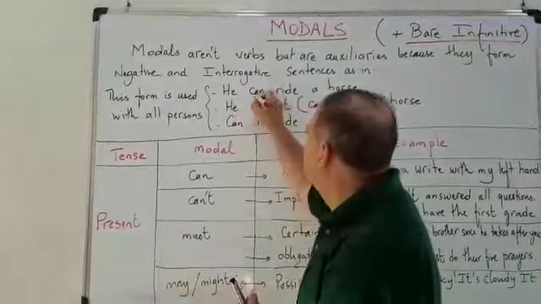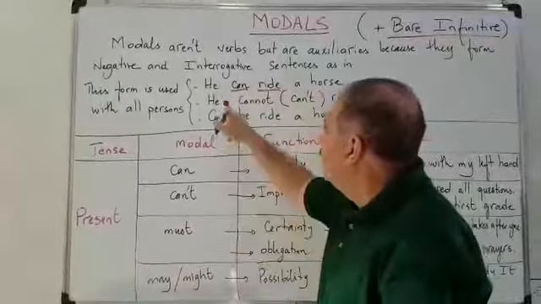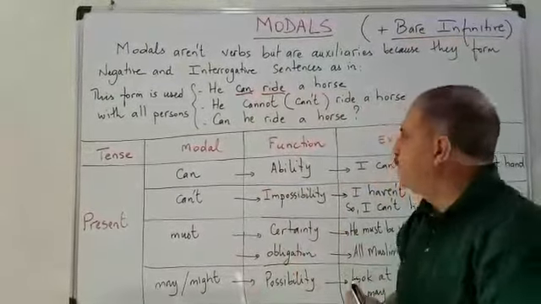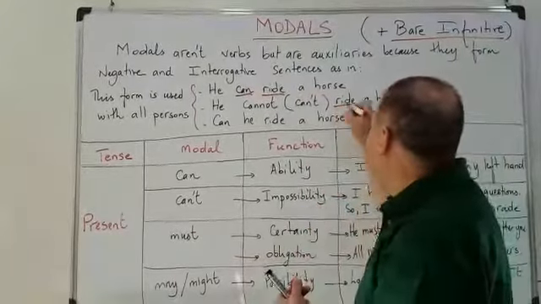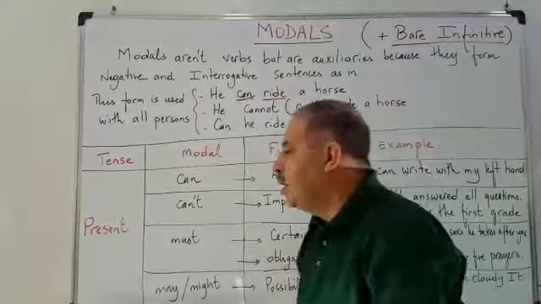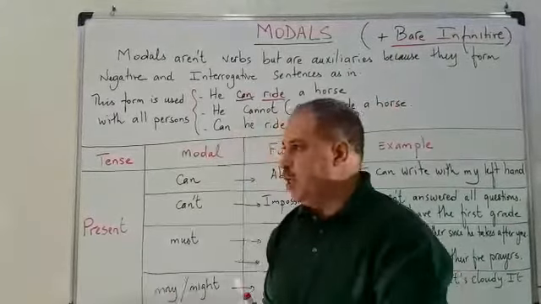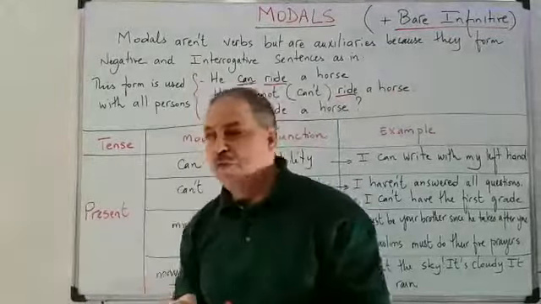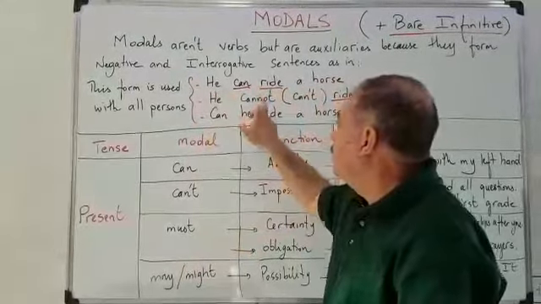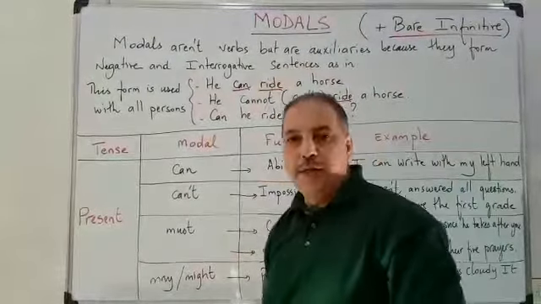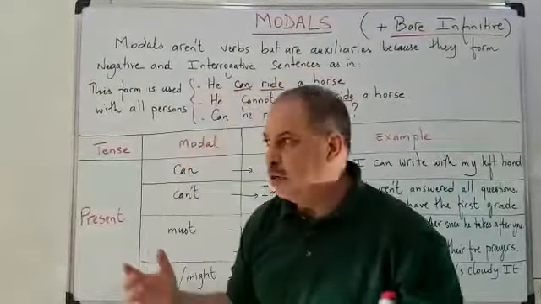Here is the modal and the verb. Negative: he cannot, or he can't, ride a horse. And question: can he ride a horse? Notice here, the modal can forms affirmative, negative, and interrogative. That's why they are called auxiliaries, not verbs.